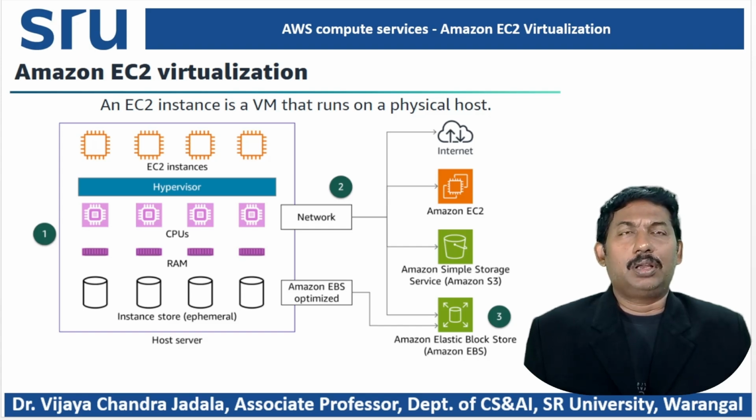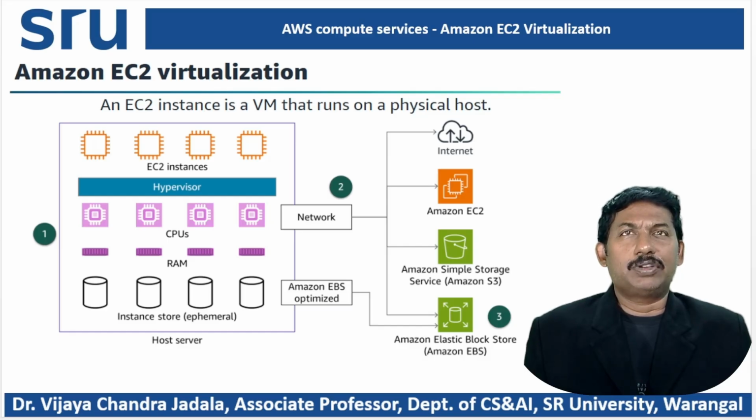Then comes connectivity. Connectivity is related to the internet, Amazon EC2 networking, and AWS service integration. These are the three concepts connected to connectivity. The internet provides public access to your instance via Elastic IP or public DNS.